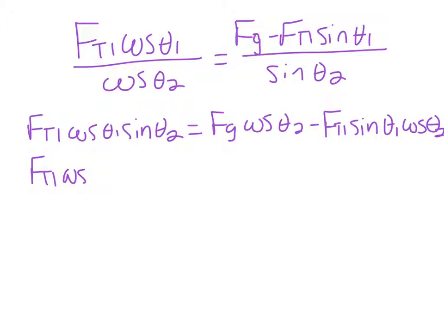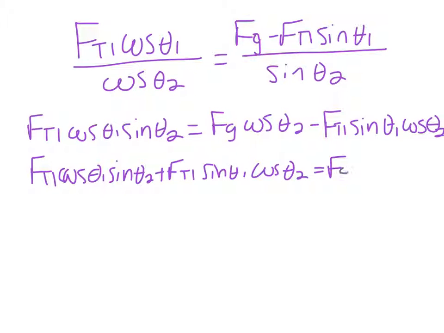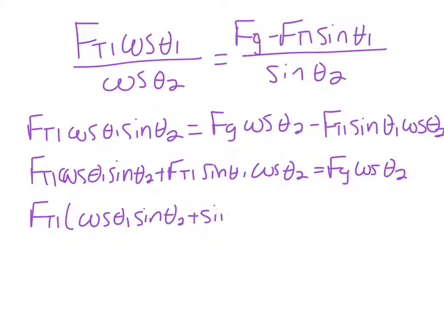Ft1 cosine theta 1 sine theta 2 plus Ft1 sine theta 1 cosine theta 2 equals Fg cosine theta 2. Factoring out Ft1: Ft1 times cosine theta 1 sine theta 2 plus sine theta 1 cosine theta 2 equals Fg cosine theta 2.